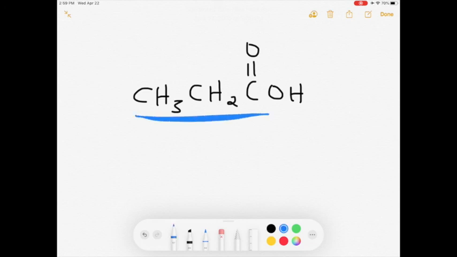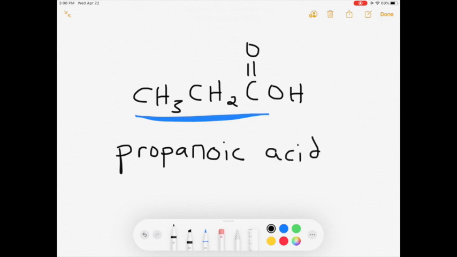And if I have a 3 carbon chain, it's propane. But we are going to remove the E and add OIC to it. So propanoic acid is the name of this carboxylic acid.